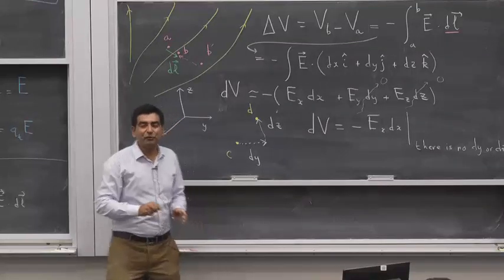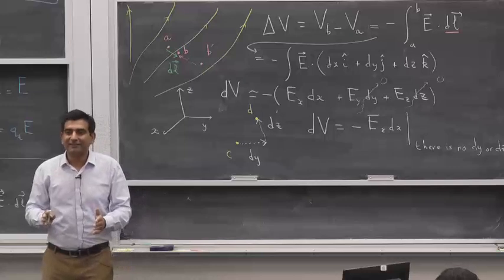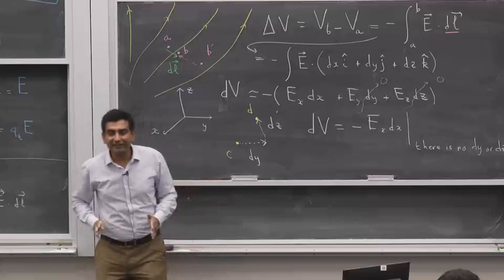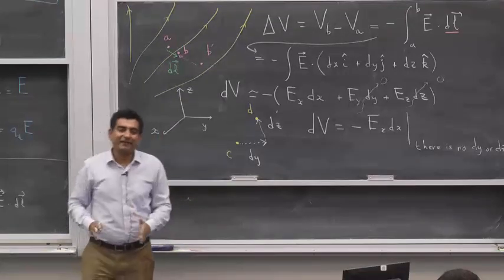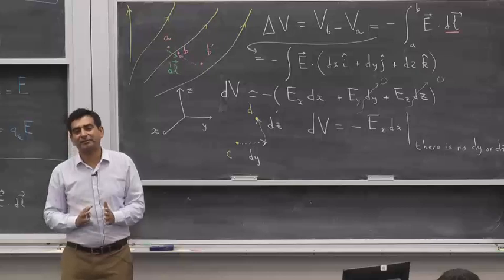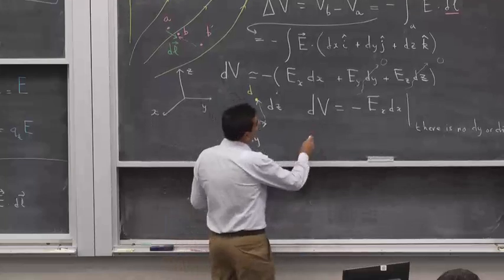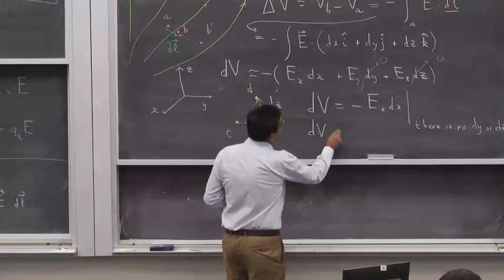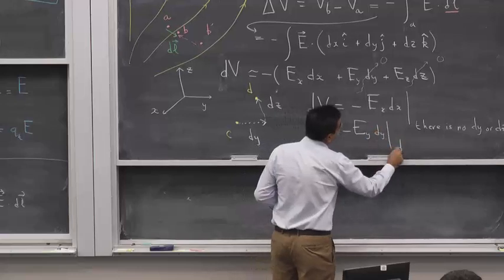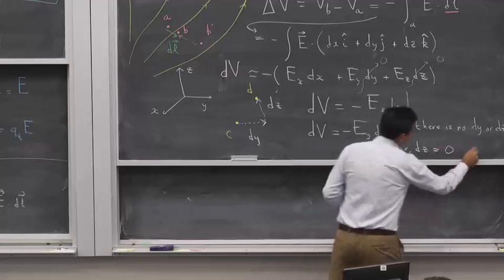So if I move only along the x-axis, that is out of the plane of the blackboard, then if I multiply my displacement with the electric field's component along the x-axis, I will get the change in potential as I move along this displacement. Likewise, dV will be equal to minus Ey dy when both dx and dz are 0, etc.